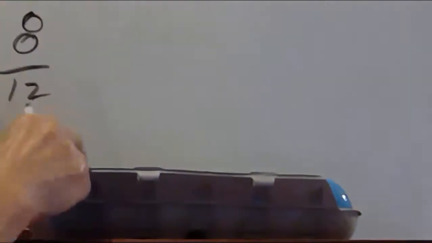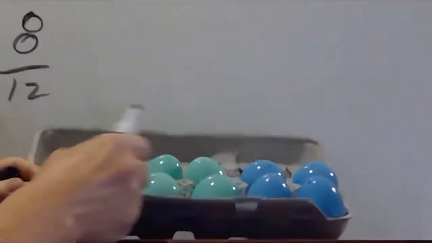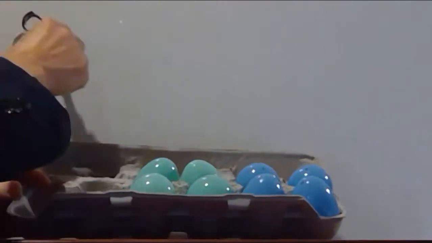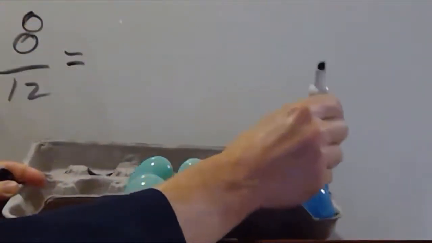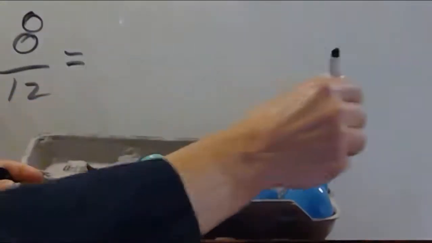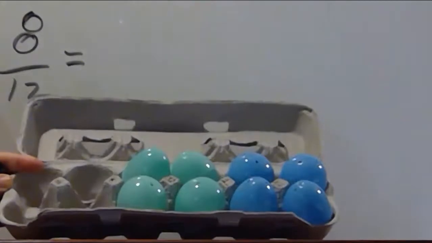So again, if we have 8/12, and we want to see, is that equivalent to 2/3? Well, because we have 8 eggs that are filled in a total of 12 slots.